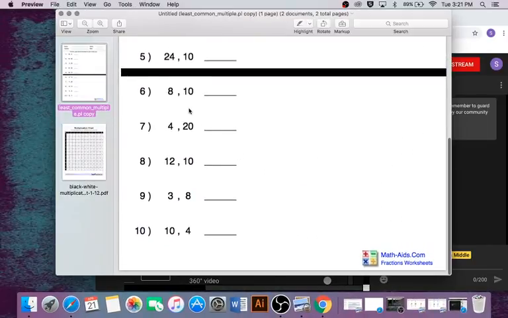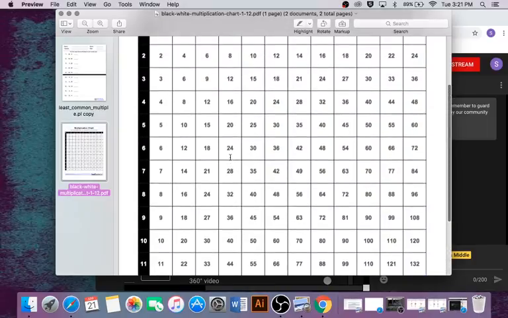So here I have some examples for us to do of the greatest common factor. So starting with number 6, we have 8 and 10. And to help us, I have a multiplication chart.